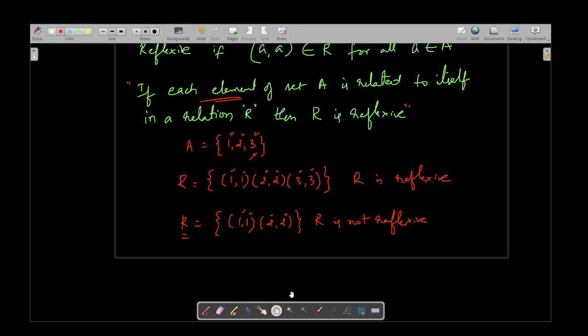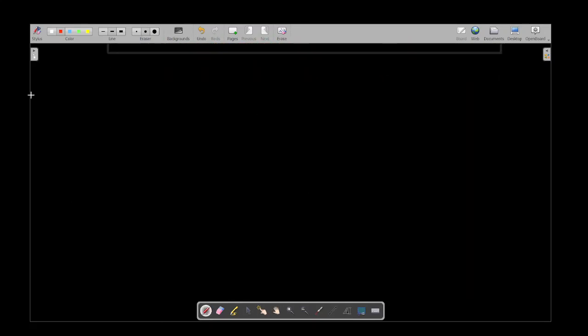This leads us to one note. We know that an empty relation is written as R equal to the empty set.